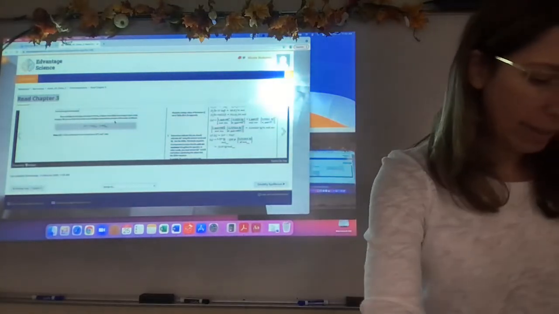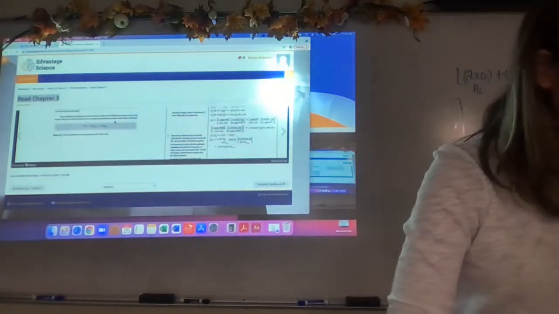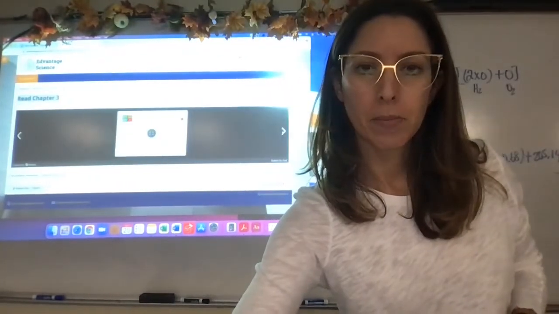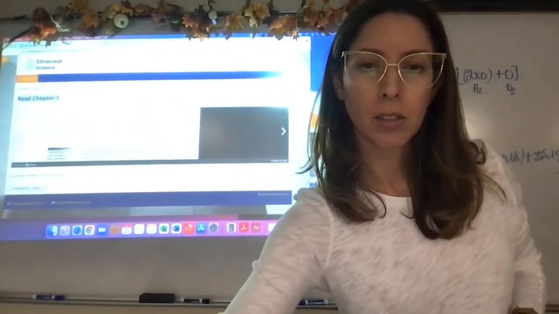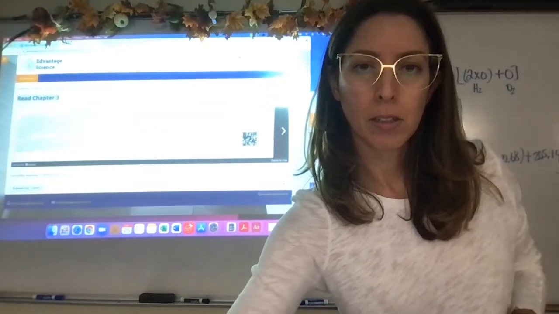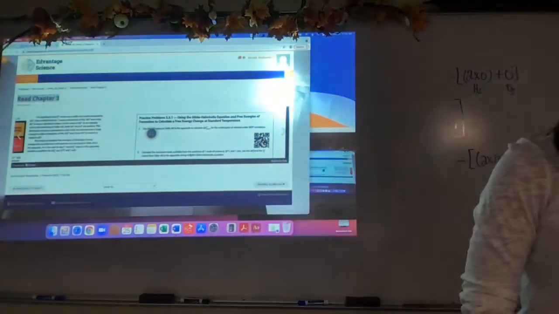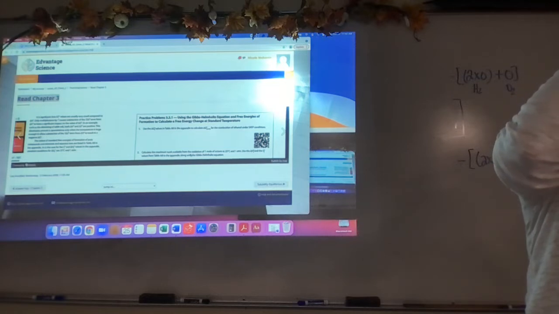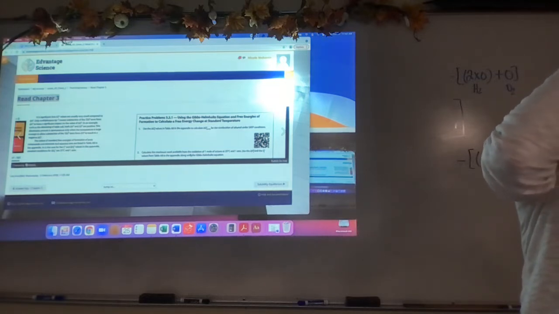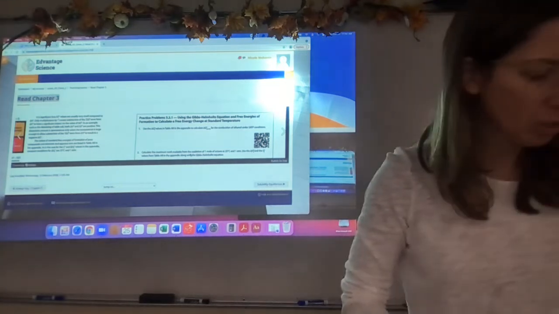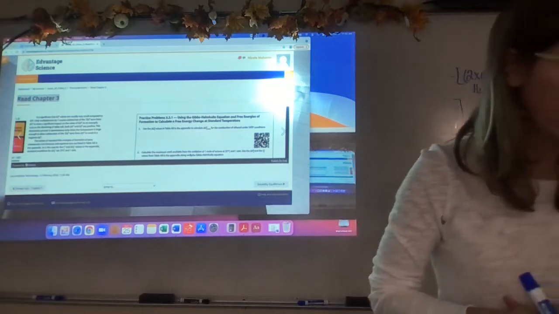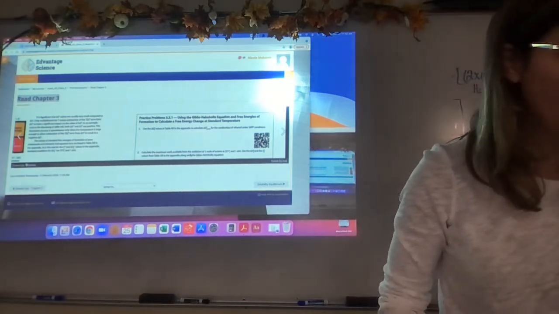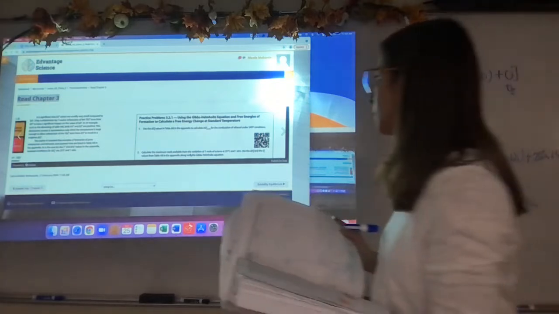If you take a look at the practice problems, 3.2.1. So here it says to use the standard delta G values in table A8 in the appendix to calculate delta G for the combustion of ethanol under SATP conditions.